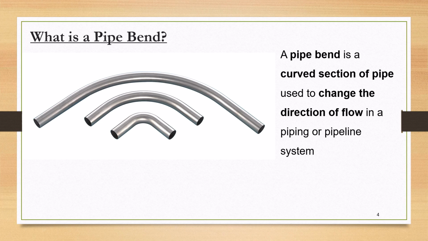Commonly used pipe bending methods are rotary die bending, roller bending, hydraulic bending, incremental bending, conduit bending, etc. So by now, I believe you have a clear idea of what a pipe bend is.